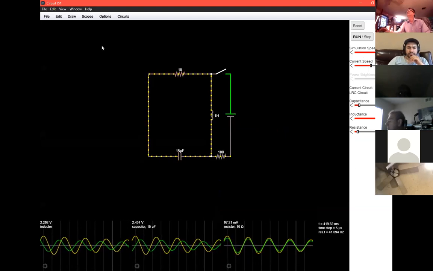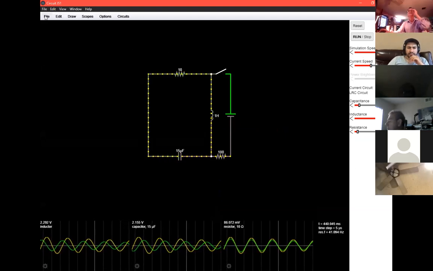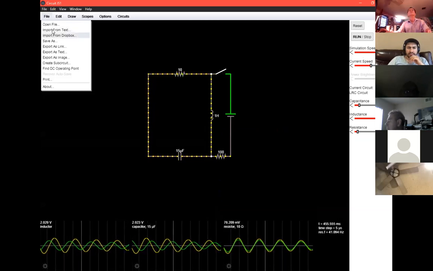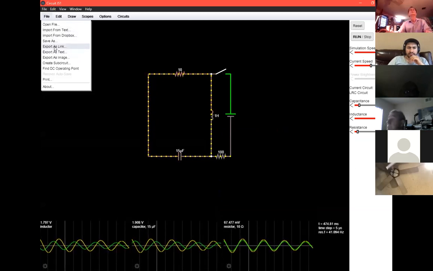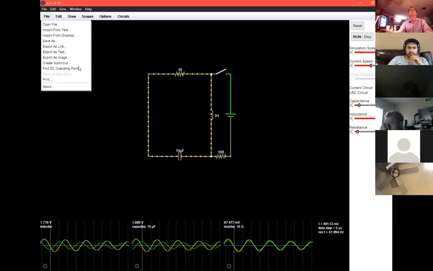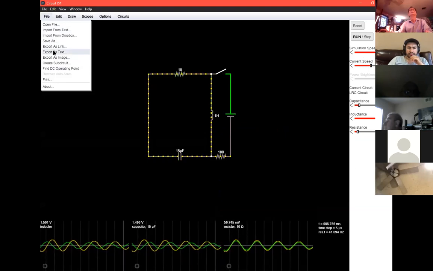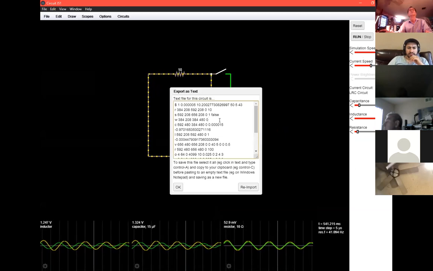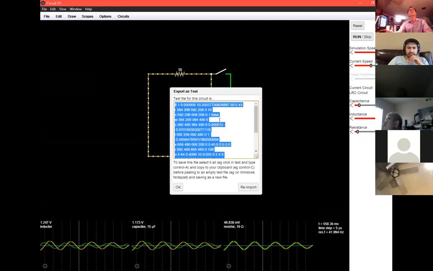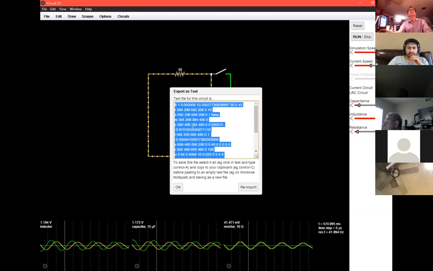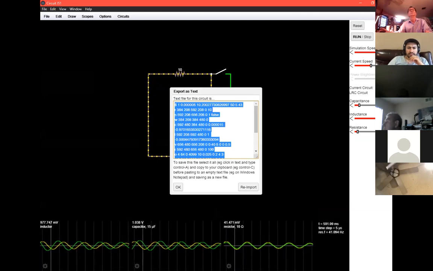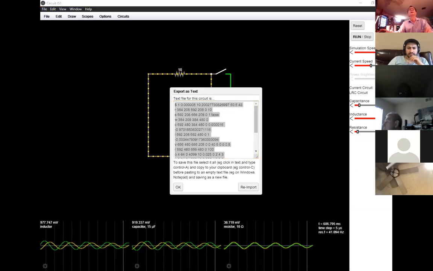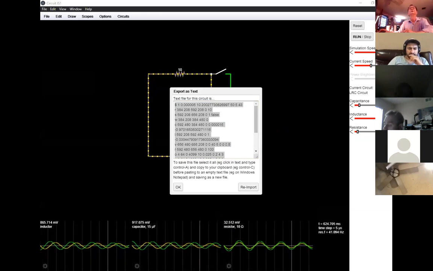But you have to understand something about this website. Over here on the left, you have import and export. If you want to save this program, you export it as a text file. So you copy that program here in this box. Then you open up Notepad and you paste it.